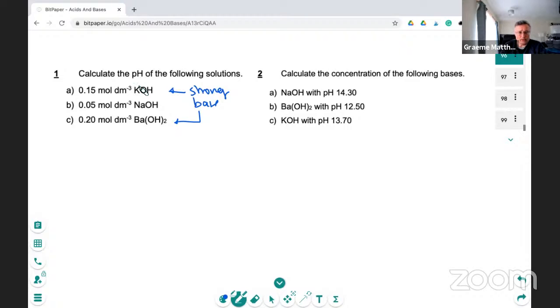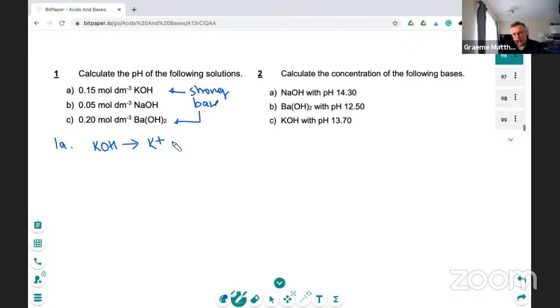Right, so we'll do this one. Again, this is 1A. So I have potassium hydroxide, arrow. All right, because it's a strong base, it's almost 100% ionized, like 99.9% ionized, right?